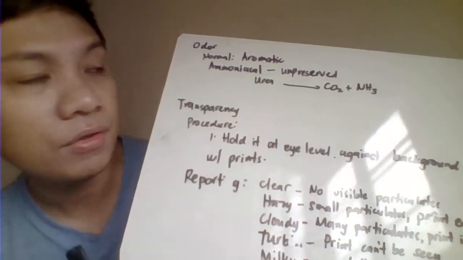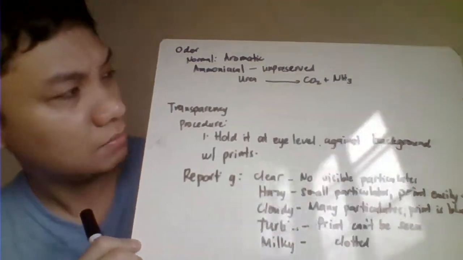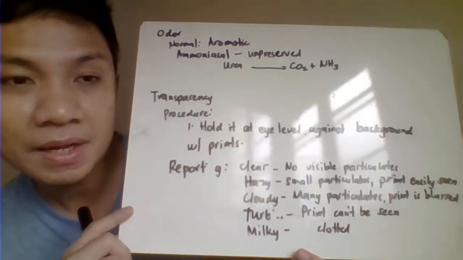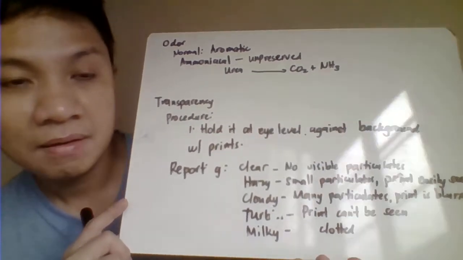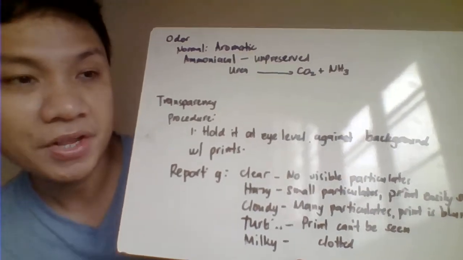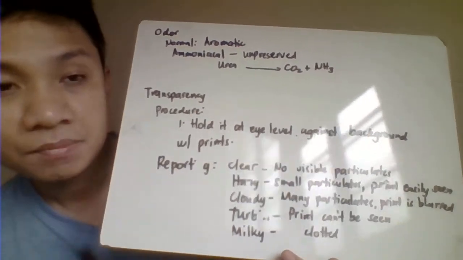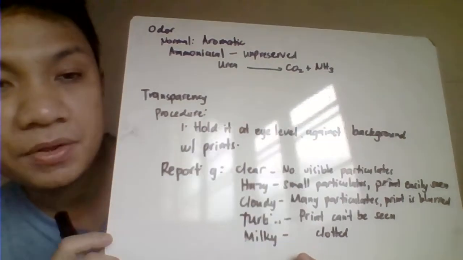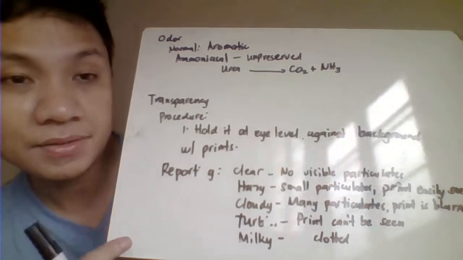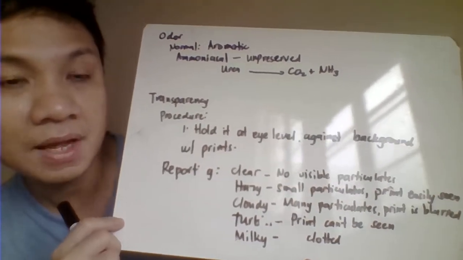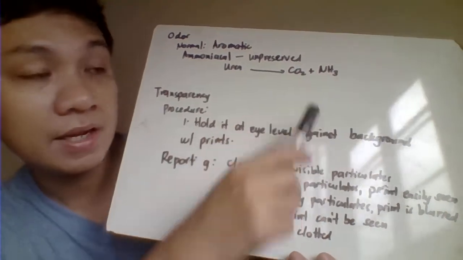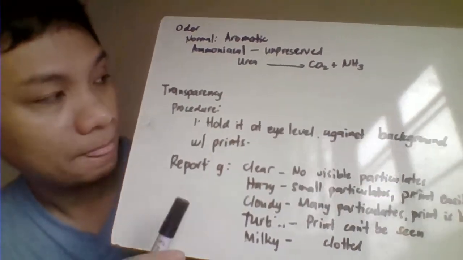Okay, normal odor is ammoniac aromatic. However, if the urine sample stays too long, bacterial multiplication occurs, and the urease enzyme from the bacteria catabolizes the urea in your urine because the sample was not preserved. It breaks down the urea, converting it to carbon dioxide and ammonia.